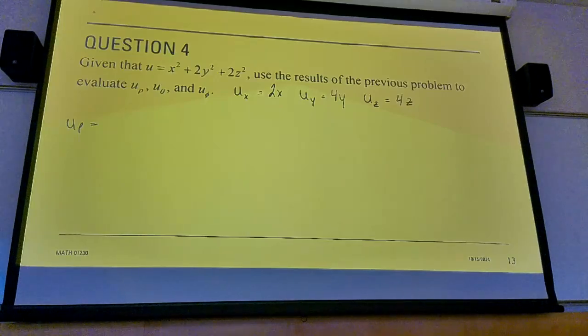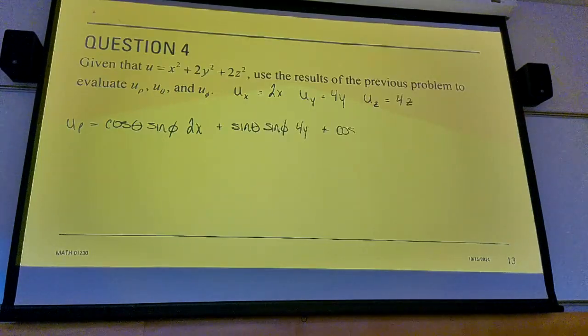It's cosine theta sine phi partial f partial x. Which is what, in this case? 2x plus sine theta sine phi times 4y plus cosine phi times 4z.